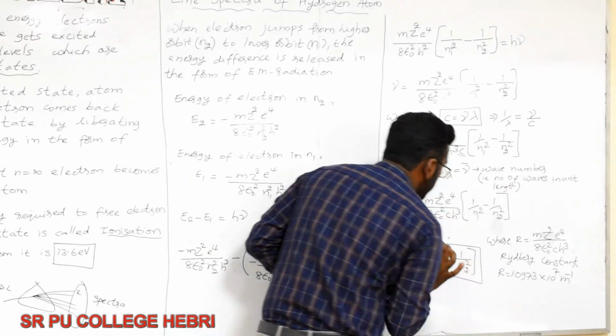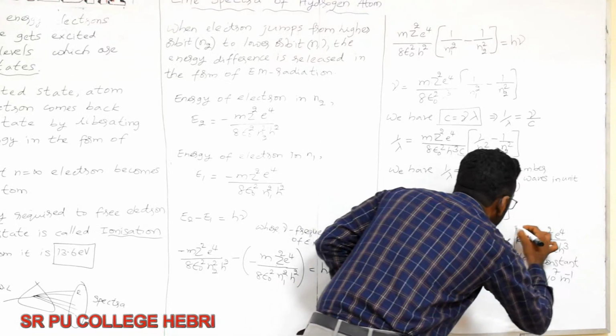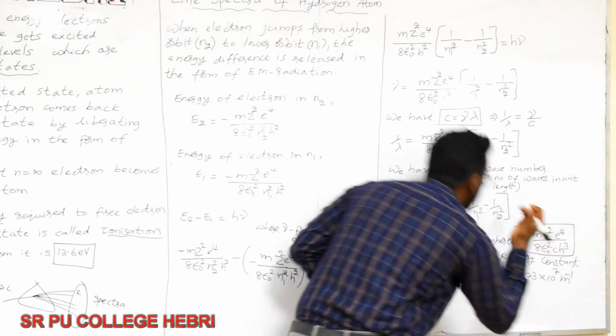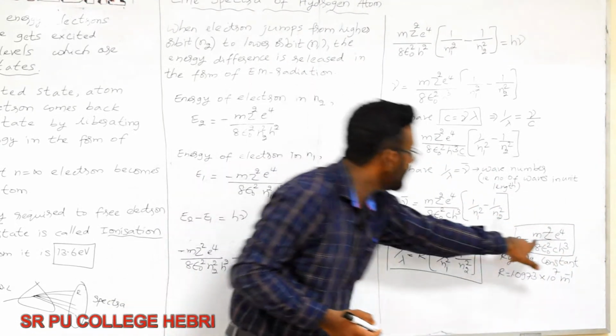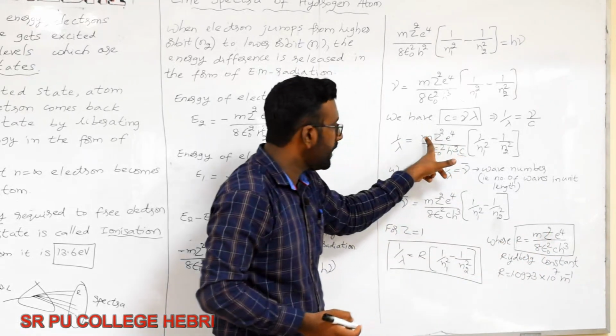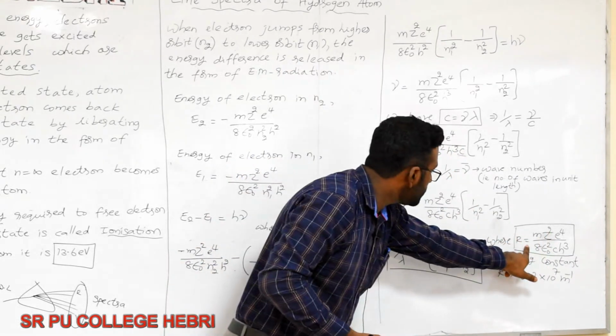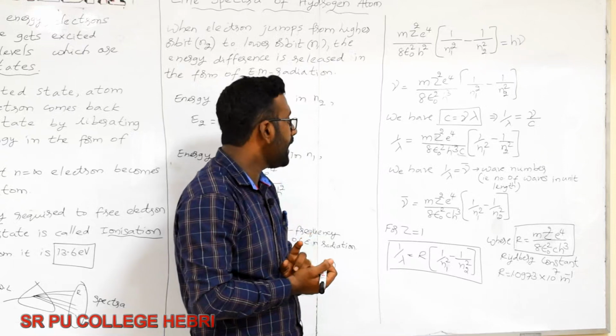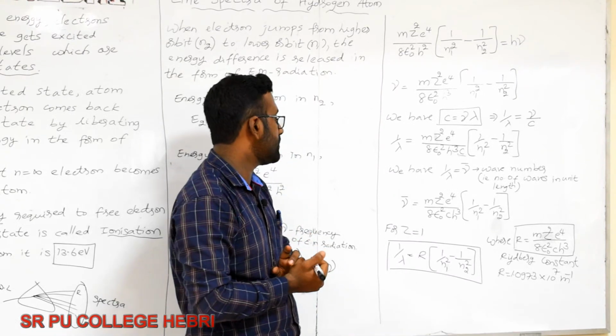So this term can be written as R. So if you substitute the value of z here, you will get the term what I told here. Otherwise this term is known to be R, which is known as Rydberg constant.